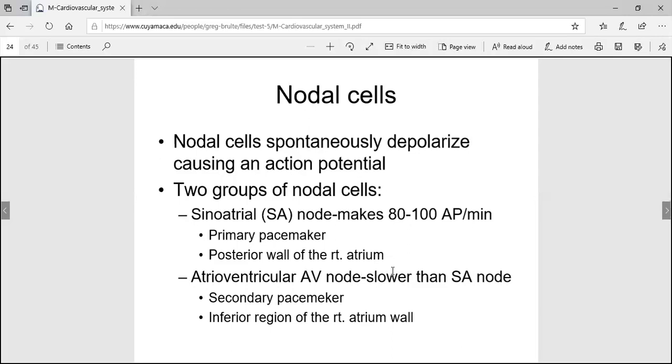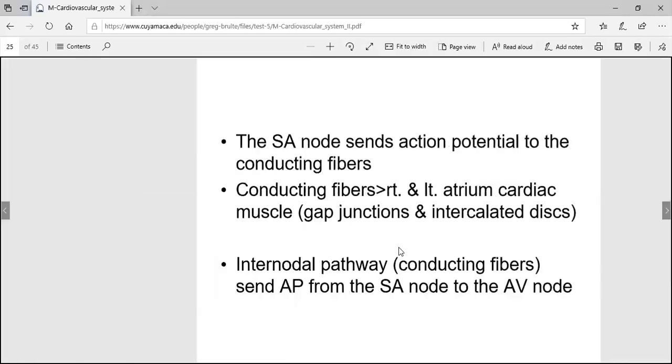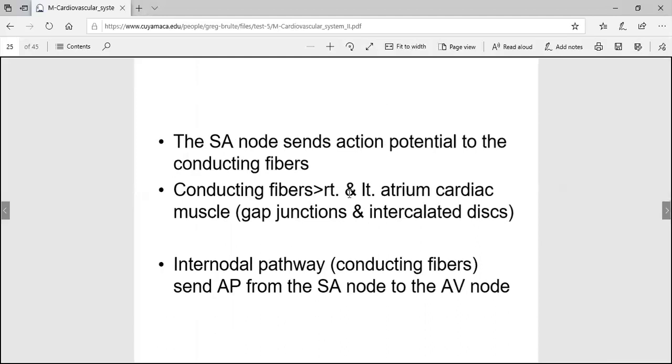You need to start checking, do we have an electrical problem? Because odds are they didn't start running marathons and get a low heart rate in one month. Now, these super duper athletes, like marathon runners, will have a low heart rate because of compensatory mechanisms and all. So anyway, the SA node sends action potential to the conducting fibers.